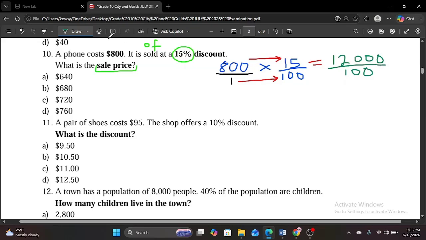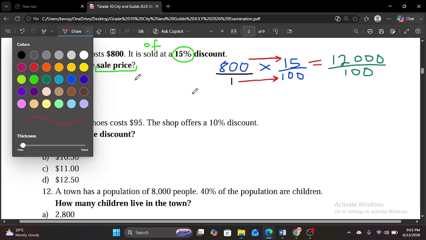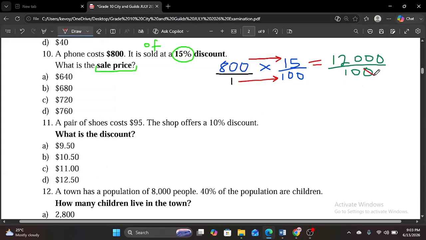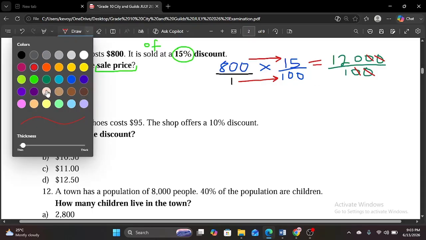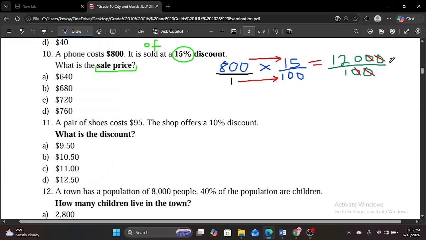So all we have to do afterwards is cancel our zeros. That's 1 zero from the bottom, 1 zero from the top, 1 zero from the bottom, 1 zero from the top. So what we have left is just 120.